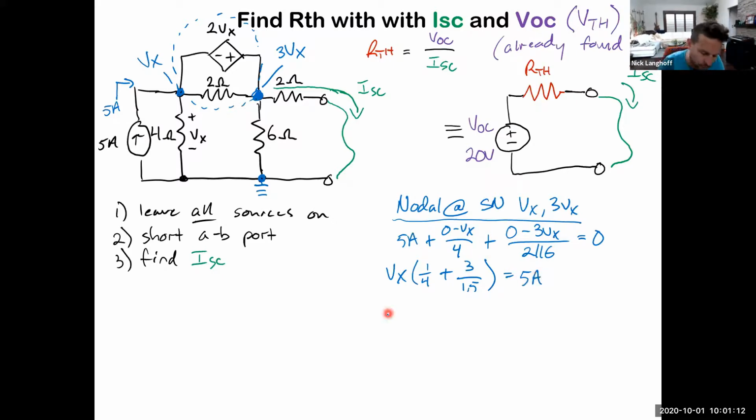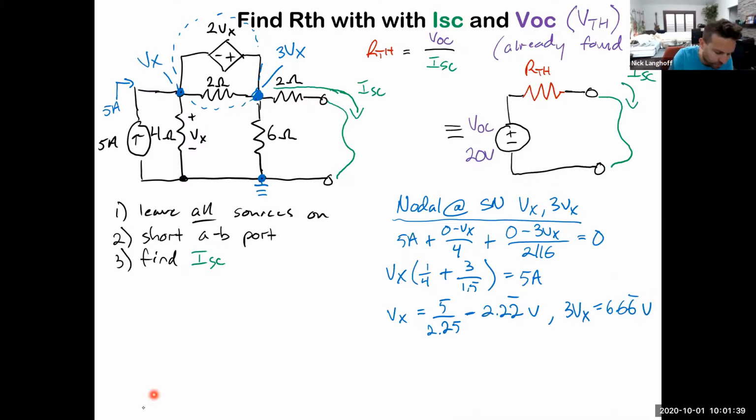If you solve for Vx, you'll find that this is 5 over 2.25, which is 2.22 repeating volts, which gives that 3Vx must be 3 times that amount, 6.66 repeating volts.